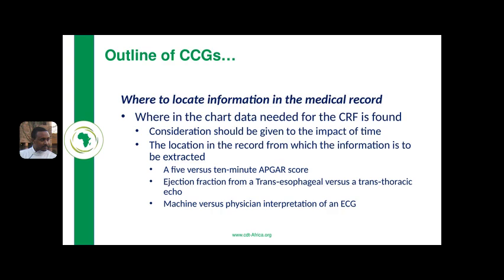Which one to use as the ejection fraction should again be indicated in the guidelines. And again, if the CRF needs interpretation of an ECG, then this interpretation could be done by the machine or by physicians. Which one is going to be used as the interpretation of the ECG should be clearly indicated in the guidelines.